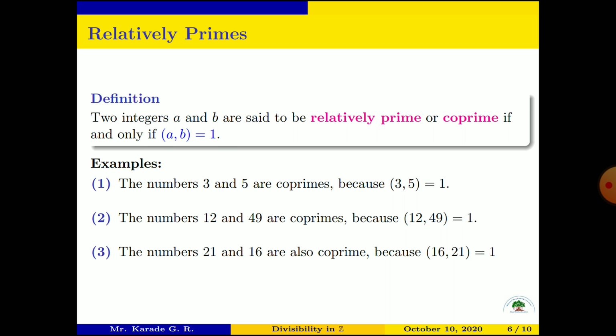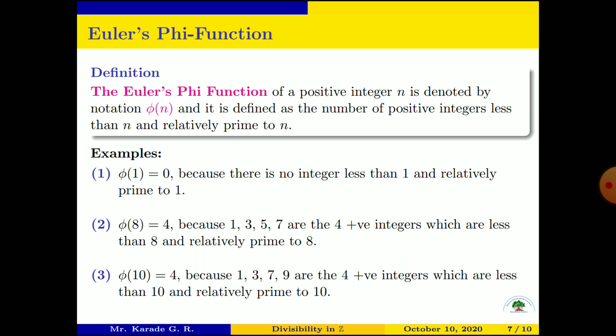Let us consider the next definition of Euler's phi function. Definition: the Euler's phi function of a positive integer n is denoted by the notation phi of n, and it is defined as the number of positive integers less than n and relatively prime to n.